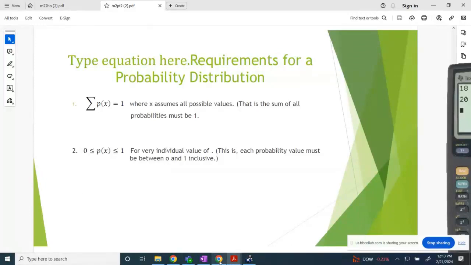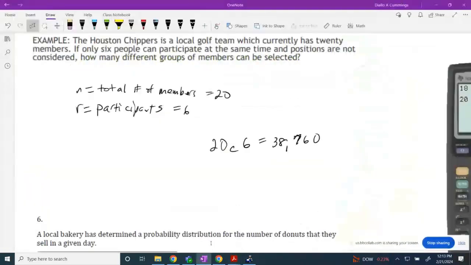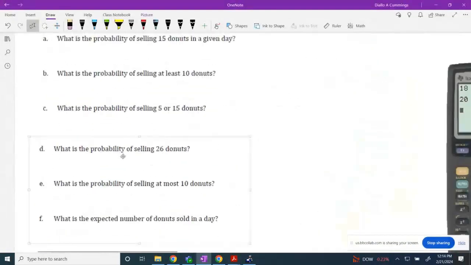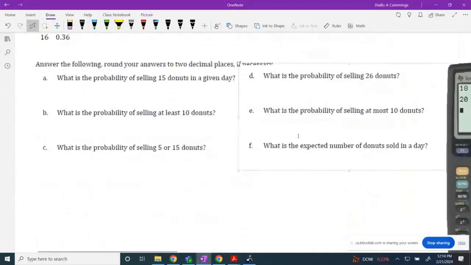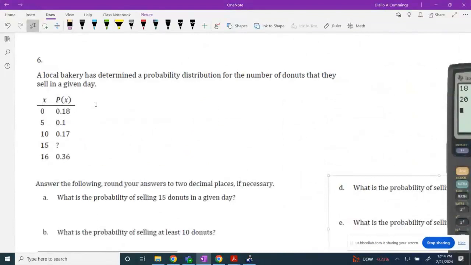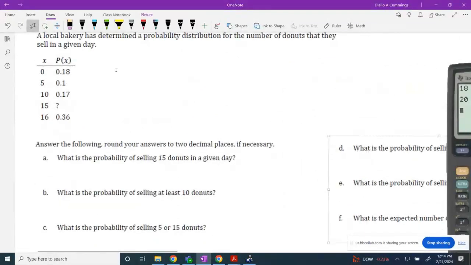All right, so now let's take a look at the last problem on the handout. This is that probability distribution we've looked at about a local bakery.